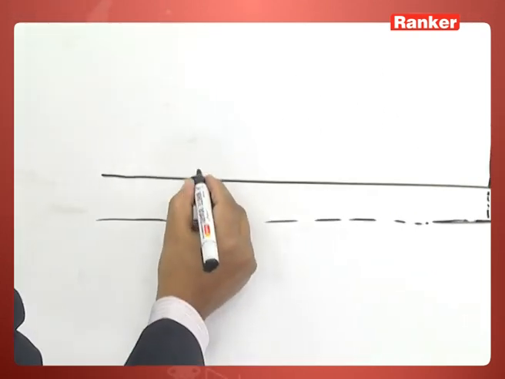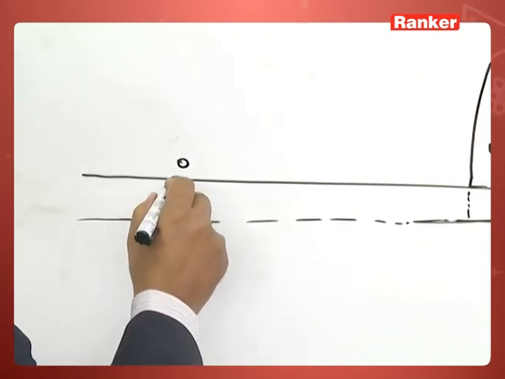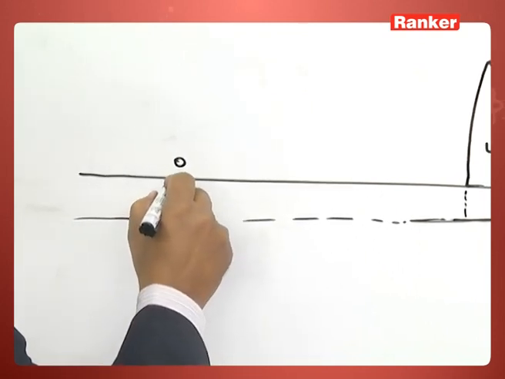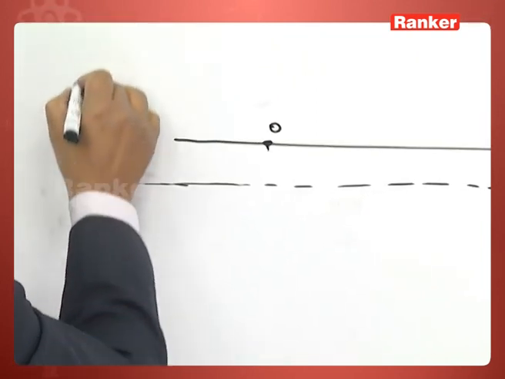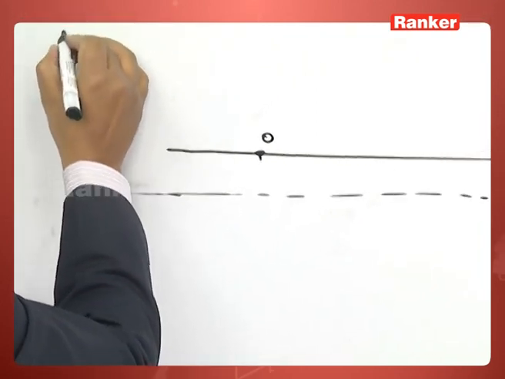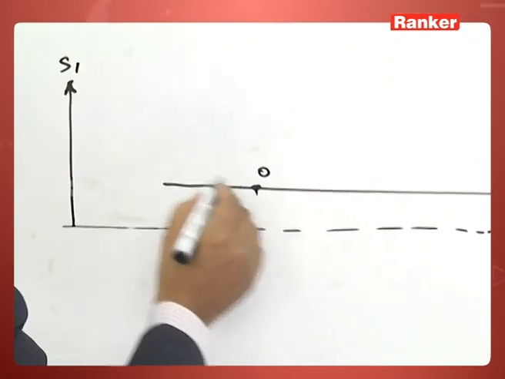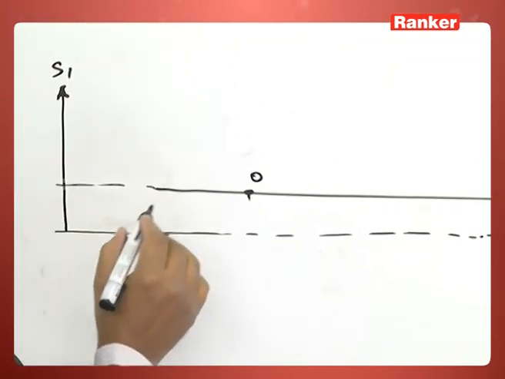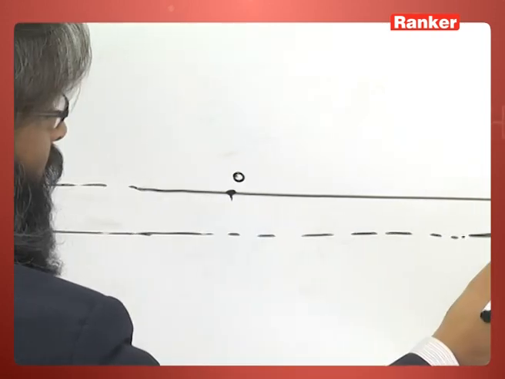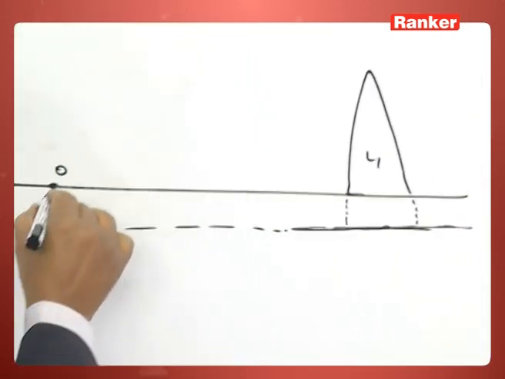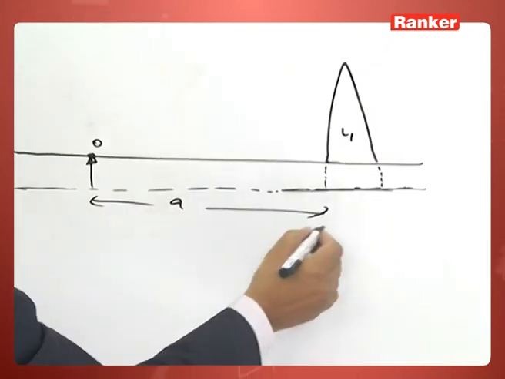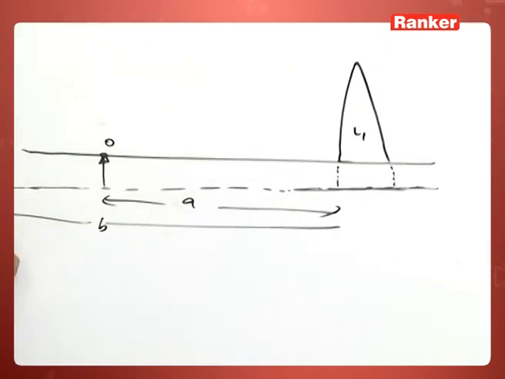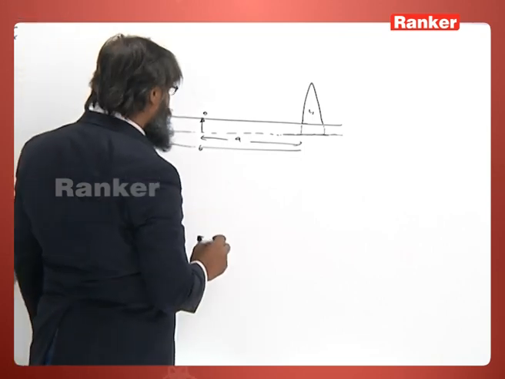So I have placed my object here, and this will form an image somewhere here. This will be S1, the image. So just imagine this is the optic axis and this is my object distance A, and so this B will be the image distance.